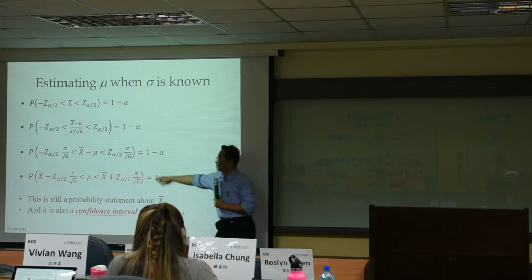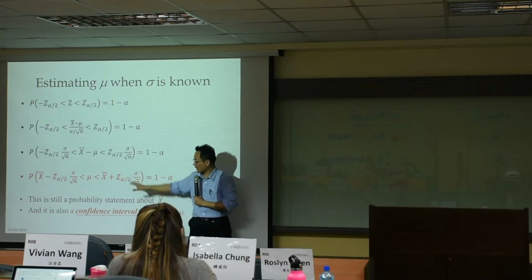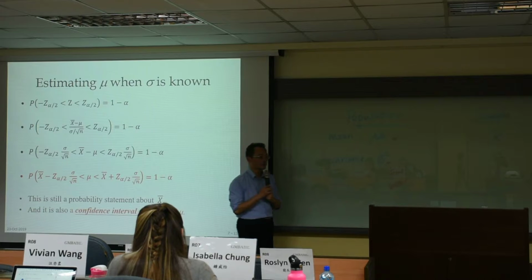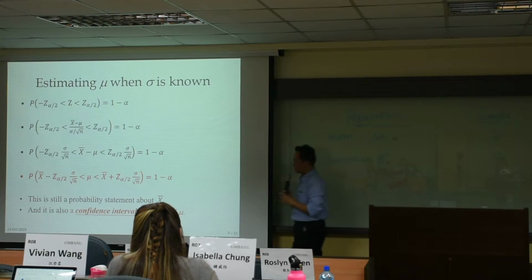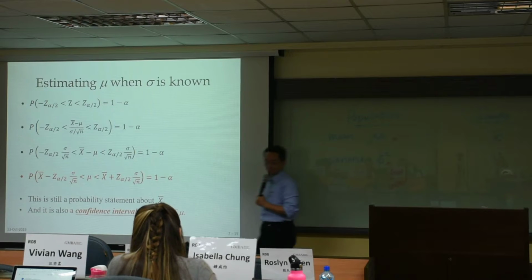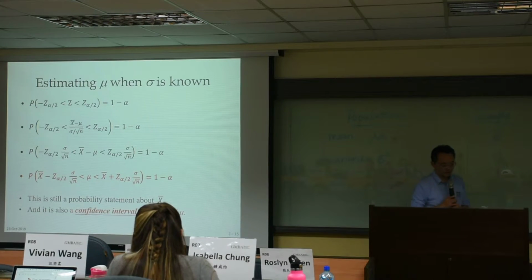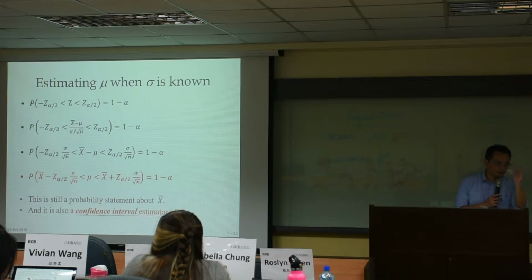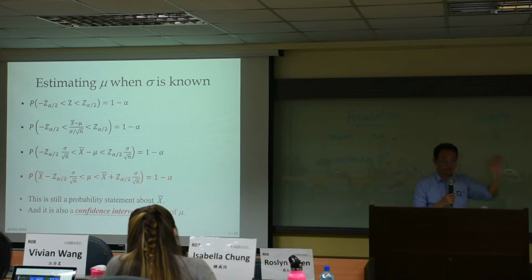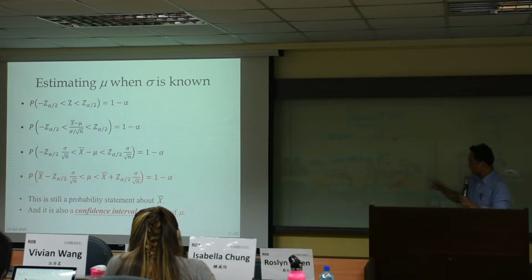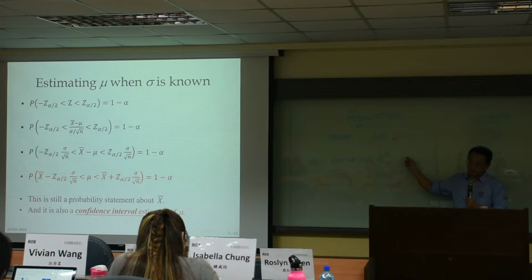This is the probability that we will get the actual fixed but unknown mu. So the probability to miss would be alpha. So that's the basic concept about estimating mu using a confidence interval, given that the sigma, the population standard deviation, is known.